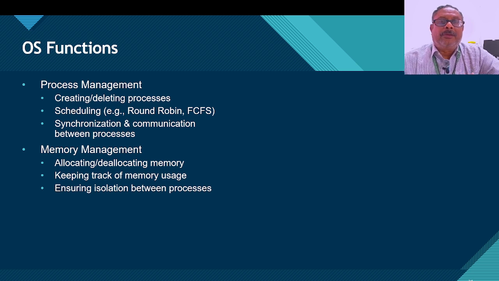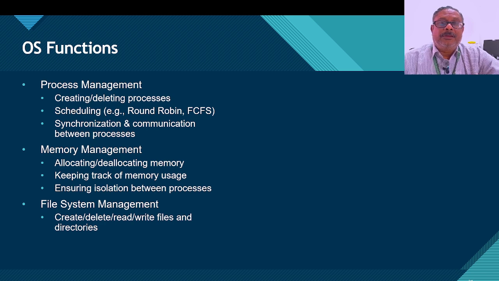But as long as no such shared memory requirement is there, each process should be allocated a separate memory, so that there is no misunderstanding, no miscommunication, no overriding of the data and corruption of the data. So we must ensure that each process gets a different part of the memory, with no overlap. That is also taken care of by the memory management component of the operating system.